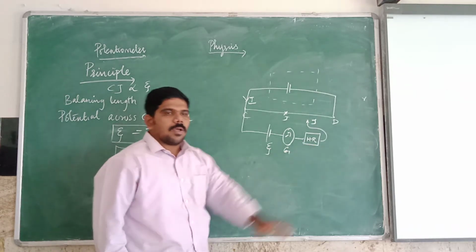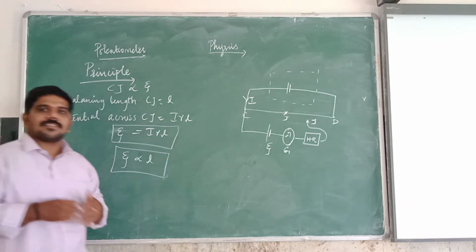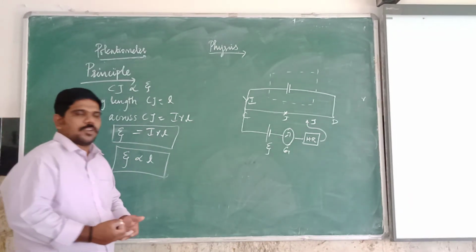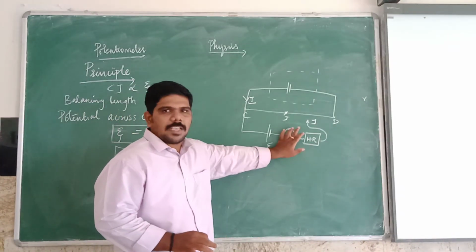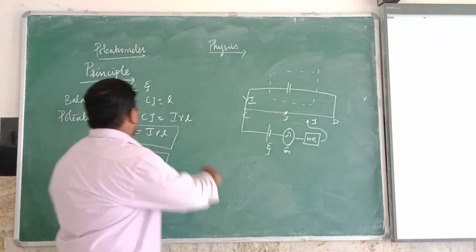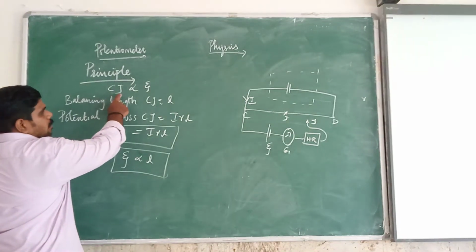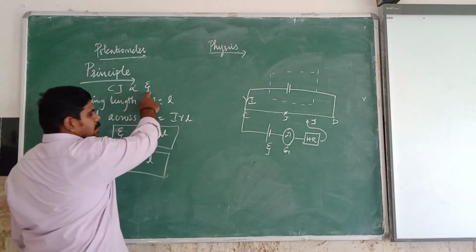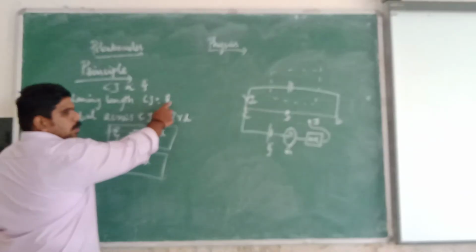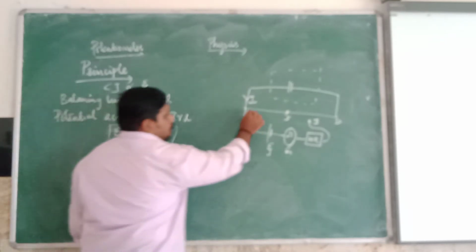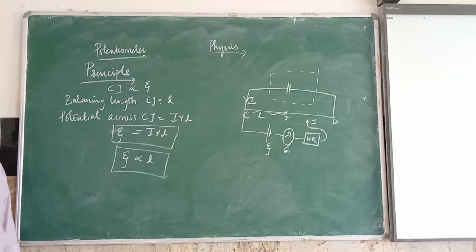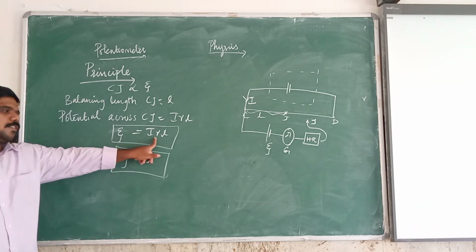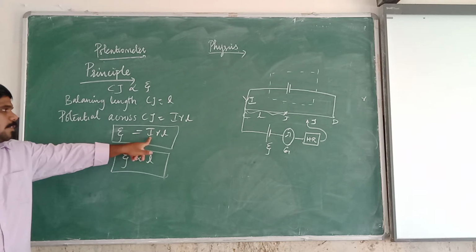Okay, clear? Now, when the potential difference across the balancing length CJ is equal to the EMF of a cell, there will be no current flow in the circuit. So the galvanometer shows zero deflection. The balancing length CJ is equal to L. Now the potential difference across CJ is equal to I R into L. So the EMF of the cell will be equal to the potential difference across CJ.